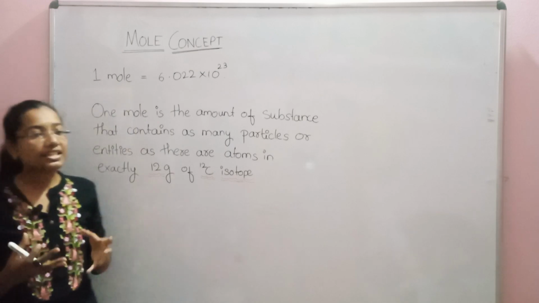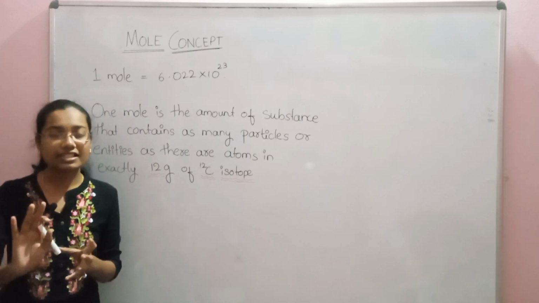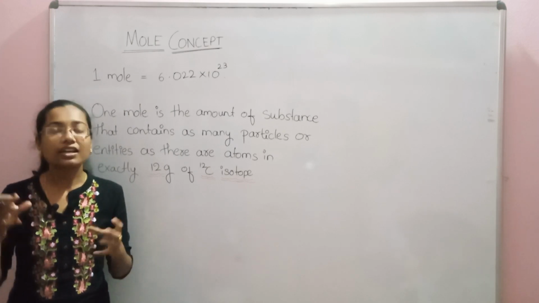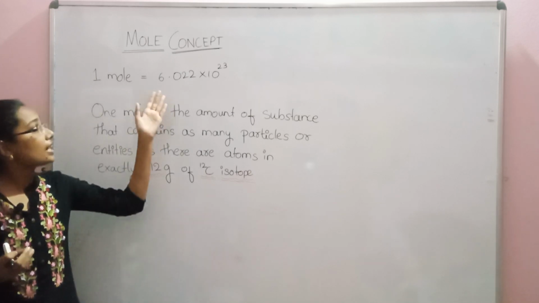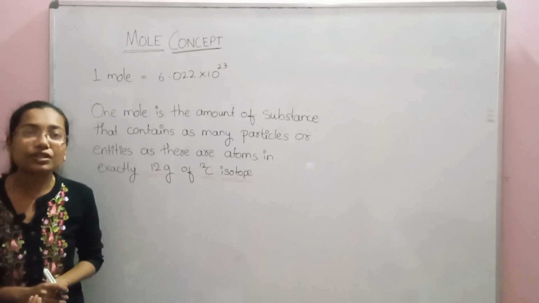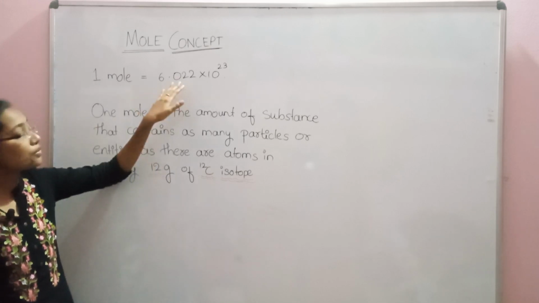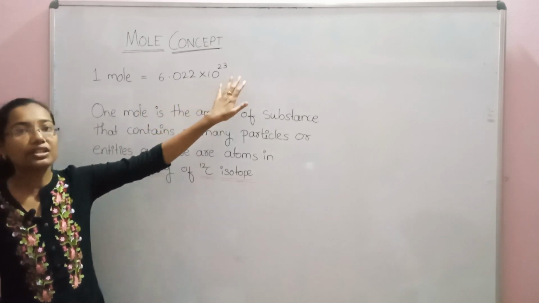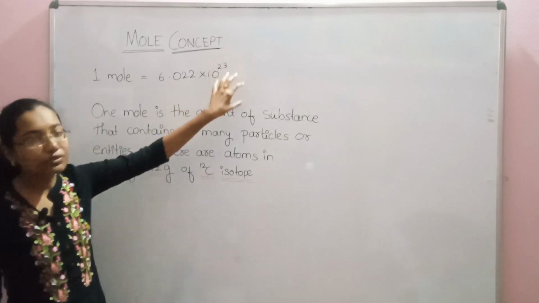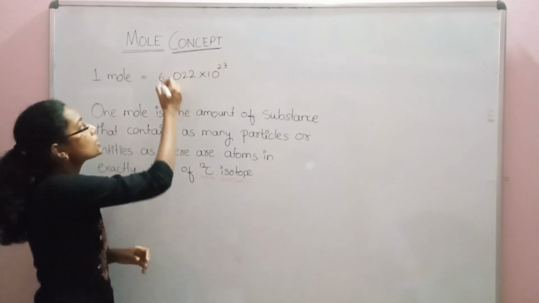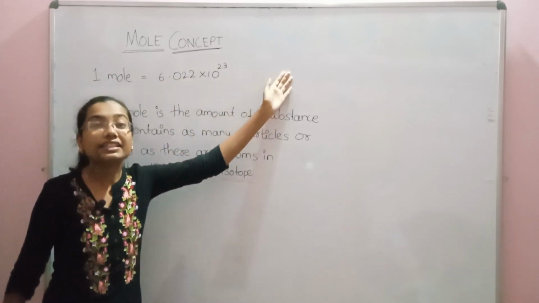For example, if I have 1 mole of pencils, then the number of pencils is 6.022 into 10 to the power 23 pencils. 1 mole is always equal to 6.022 into 10 to the power 23, and it is such a big number because if you remove this power, it becomes 6.022 followed by 23 zeros.